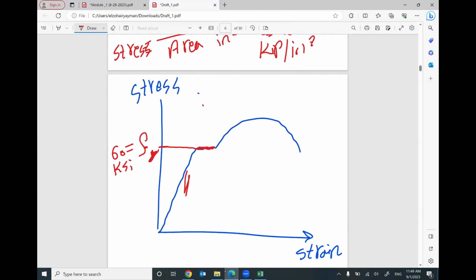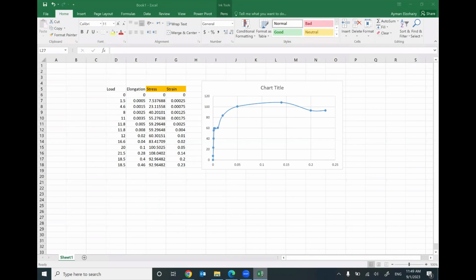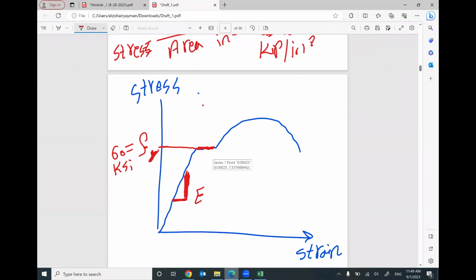If you remember also, the slope of this linear relationship is called E, Young's modulus of steel. At the beginning the relationship is linear. The slope of this linear relationship will give you the modulus of steel, which is roughly around 30,000 KSI.